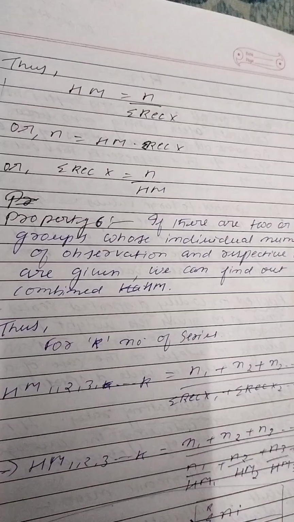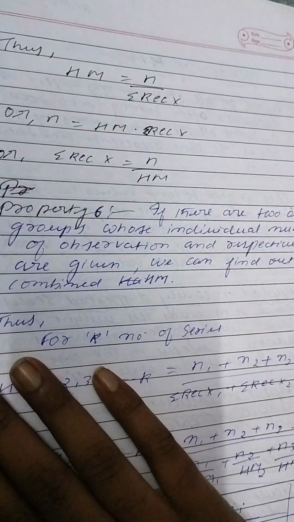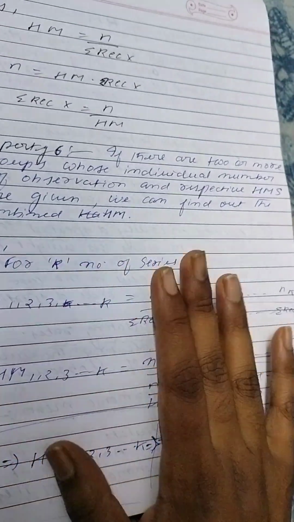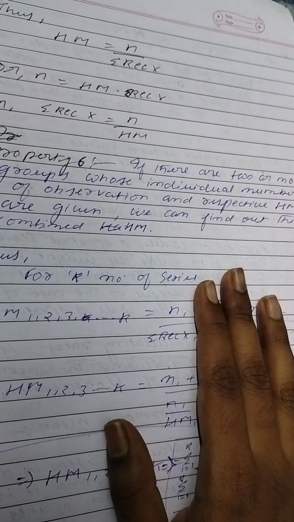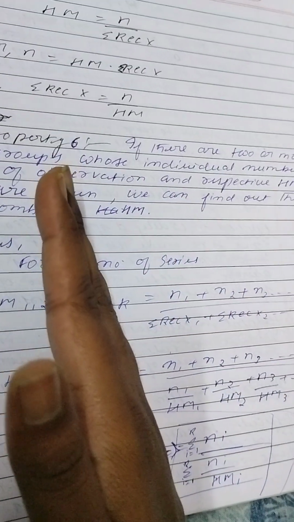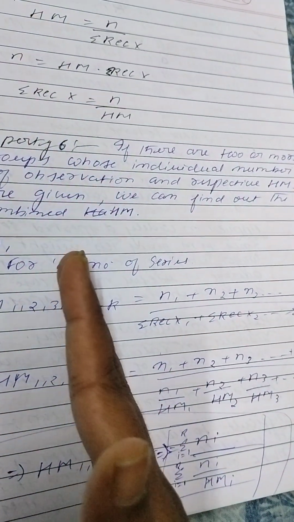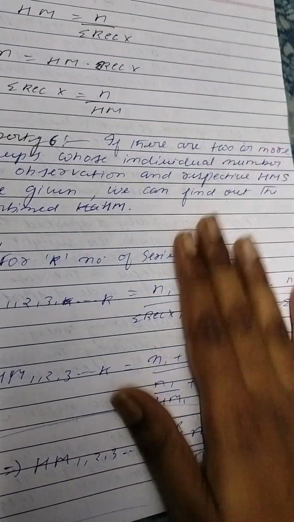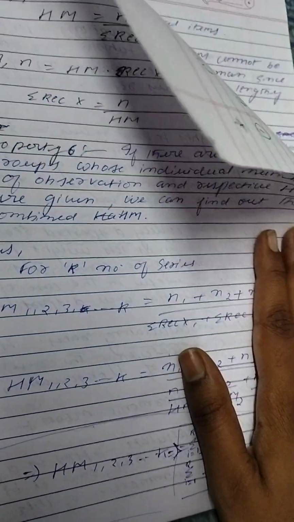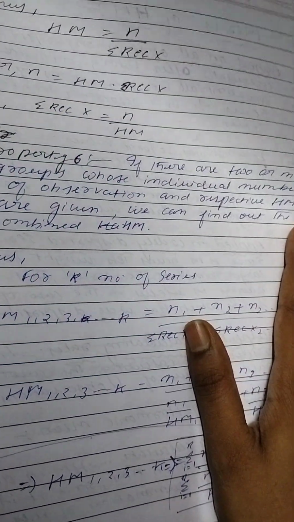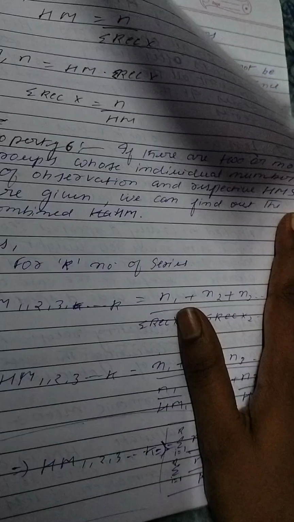I mean to say that if there are two or more groups, you have to calculate this group's mean, then this group's mean, and this group's mean. So two or more observation groups were there, and they have their separate observations.